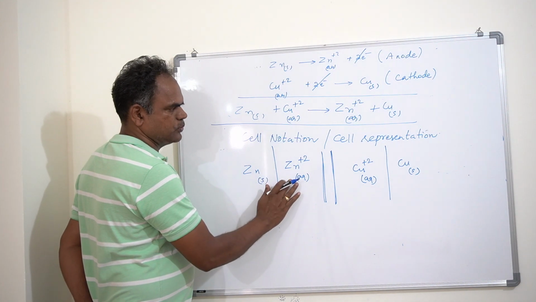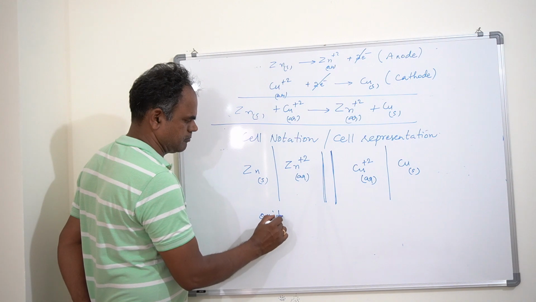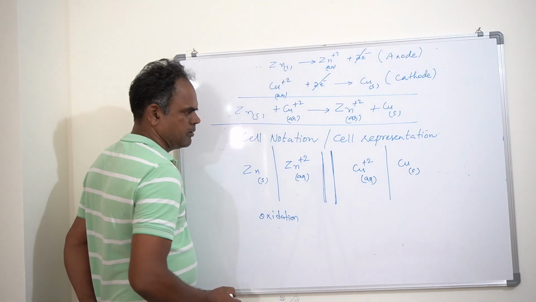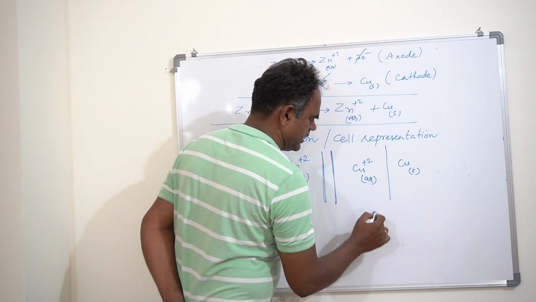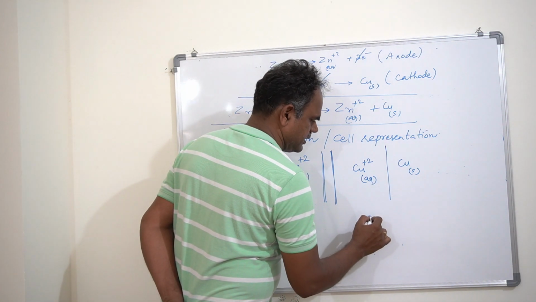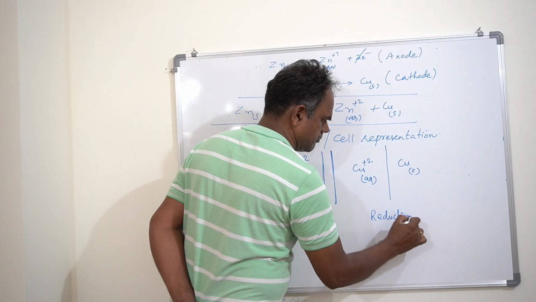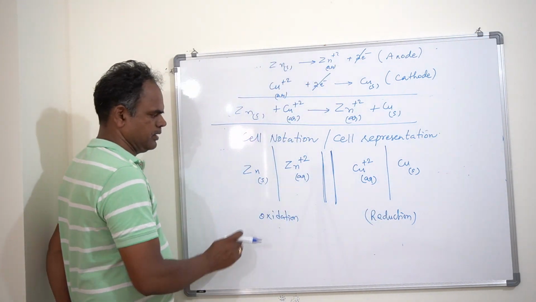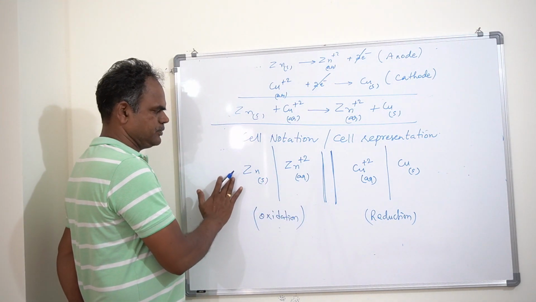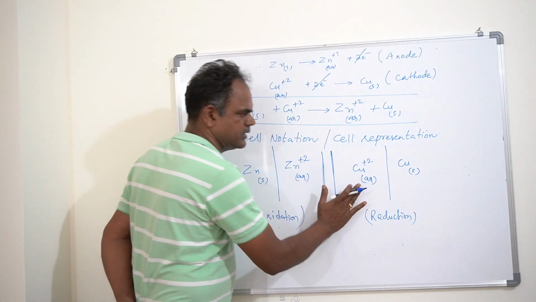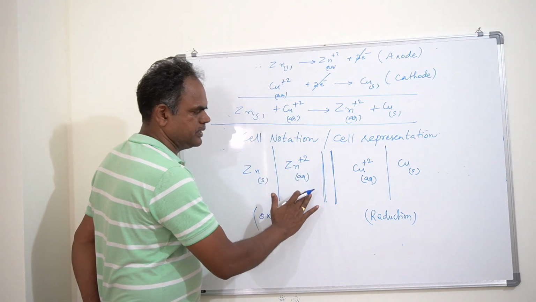So here zinc changes into plus 2 ions, there is oxidation, and cupric ion gets reduced to form copper metal. So here is the reduction. So oxidation in the left half cell, and reduction taking place in the right half cell. Both are separated by the salt bridge.